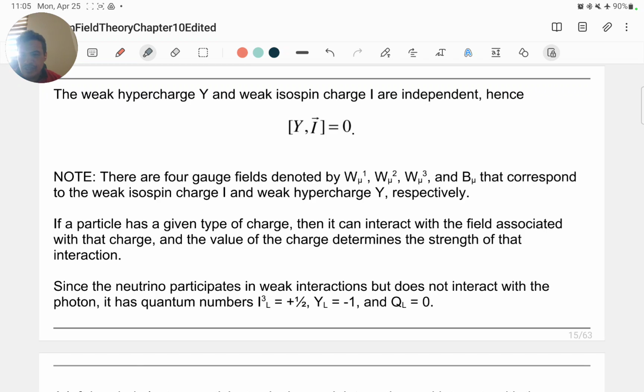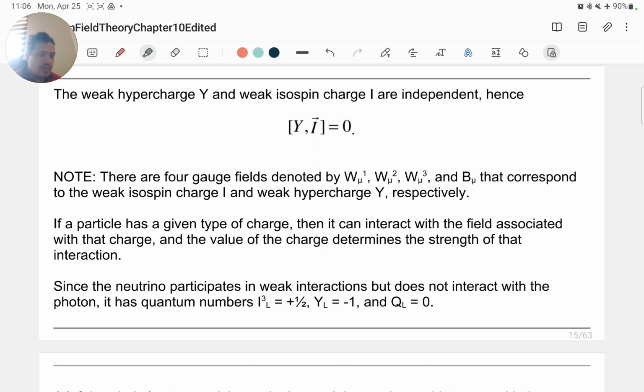If a particle has a given type of charge, then it can interact with the field associated with that charge, and the value of the charge determines the strength of the interaction. So a charge of negative 1 will interact with other charged particles twice the amount as a charge of only a half, for example.